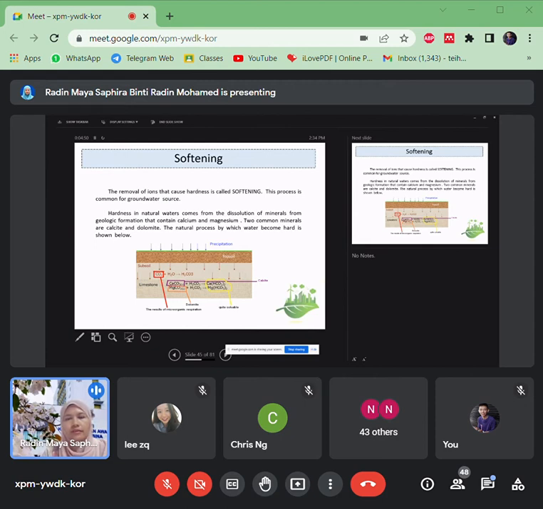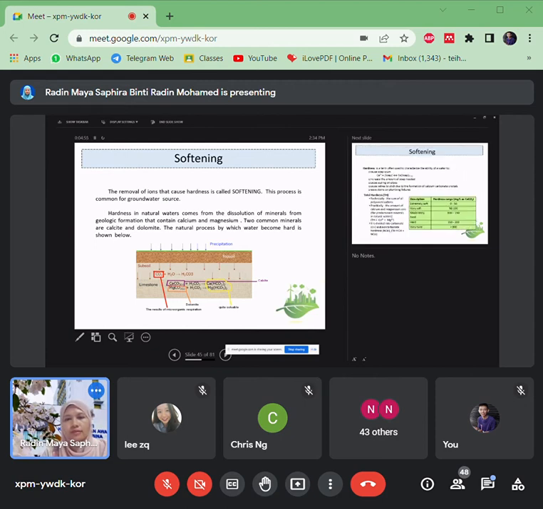Okay, this is the softening process. I think I have discussed with you before about why this occurs, especially due to the natural geology, geology kat sini lah, because the limestone contains very much calcium and magnesium.